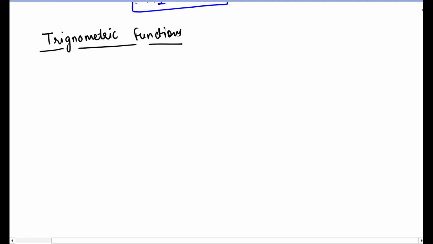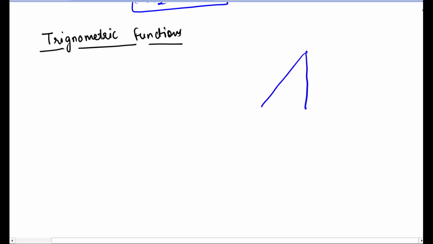So next we have trigonometric functions. In previous classes we learned about the trigonometric ratios for the right angle triangle.